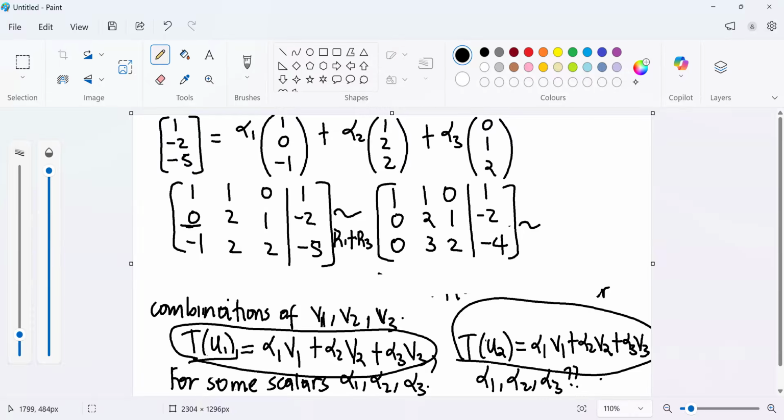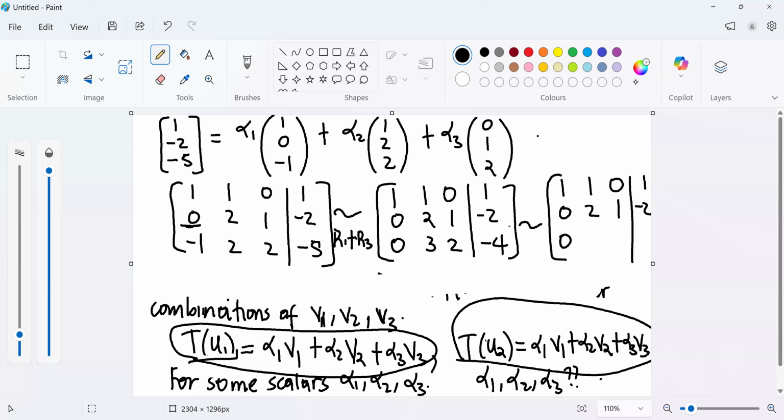Then I reduce this further: 1, 1, 0, 1, 0, 2, 1, -2. Then this is a 0. So what am I doing here?